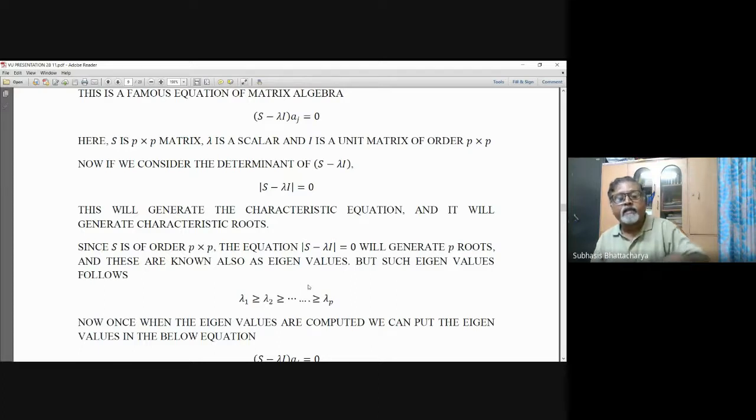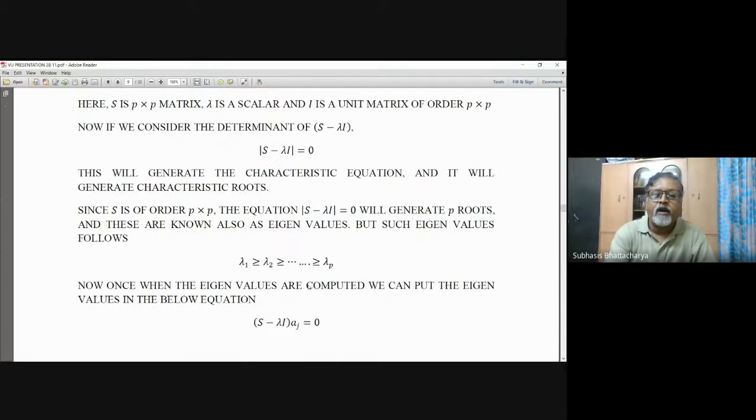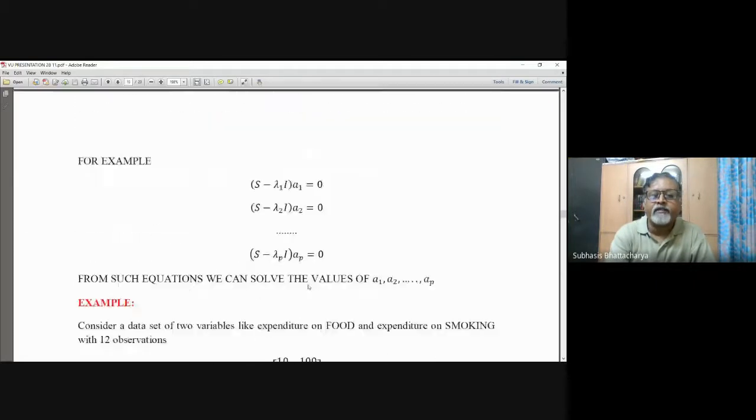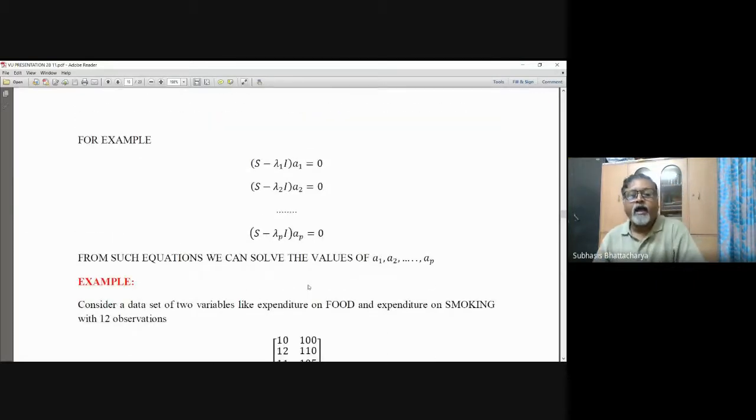By this way the arrangement of the lambdas is maintained: lambda 1 is greater than or equal to lambda 2, greater than or equal to lambda 3, and so on. That is how the variability comes too. If I arrange lambda 1, lambda 2, and lambda 3 in such a way, then we can solve the values of the corresponding A's, that means the variabilities. So this is the theory part.